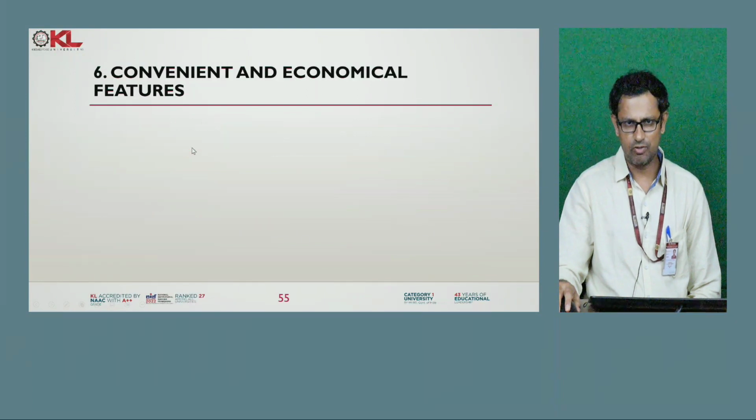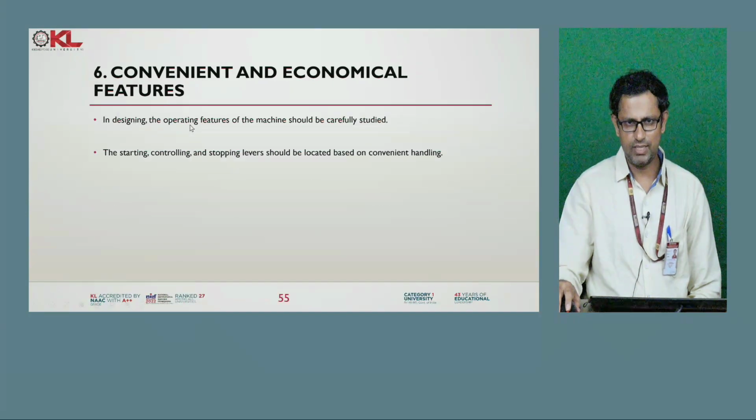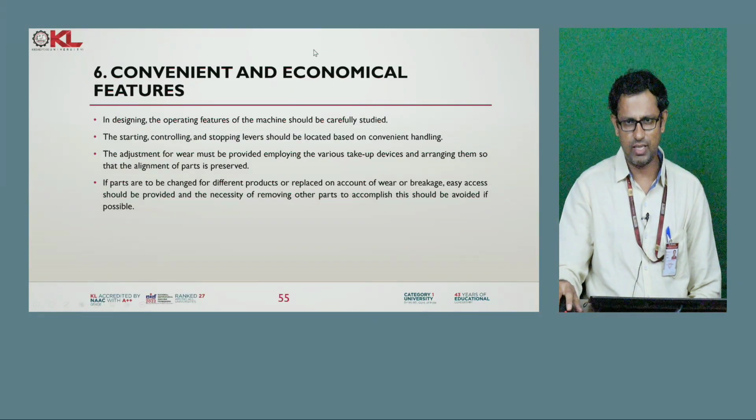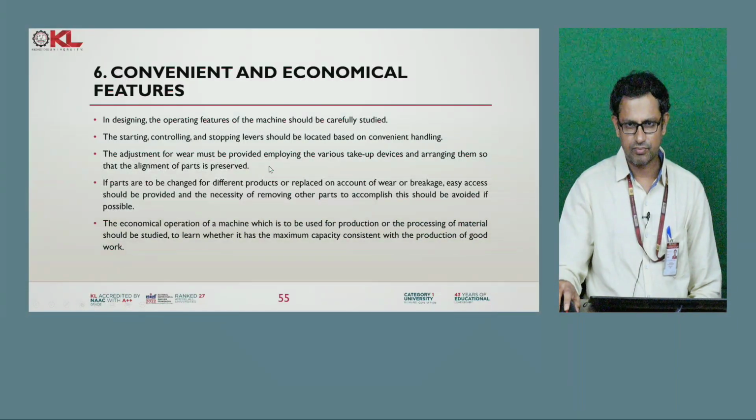Okay. So, the next one is the convenient and the economical features. So, while designing that product, we have to consider the economical features of that product. So, the adjustment for wear, the starting control, stopping levers, so everything, how to operate it and how that parts can be changed.